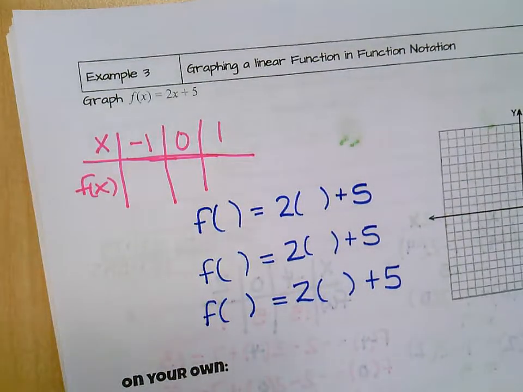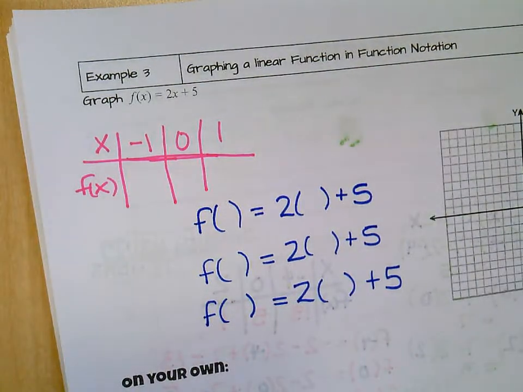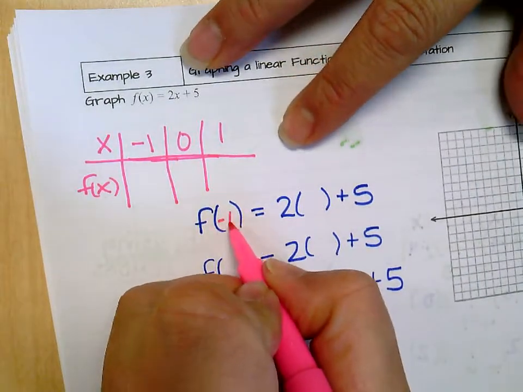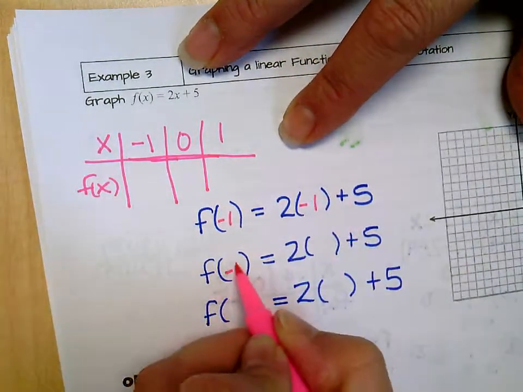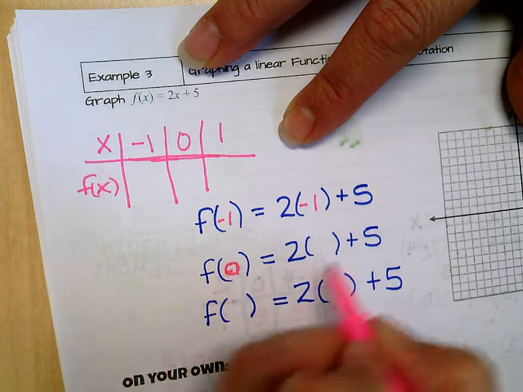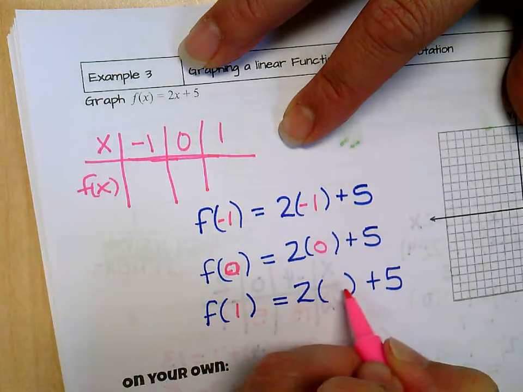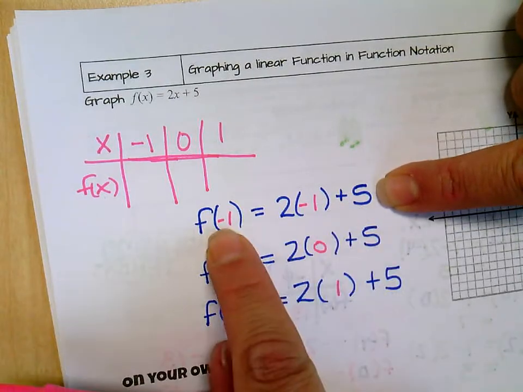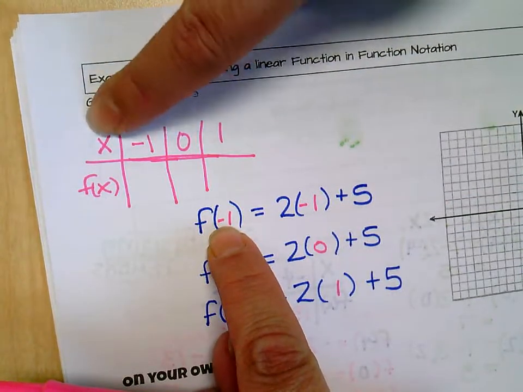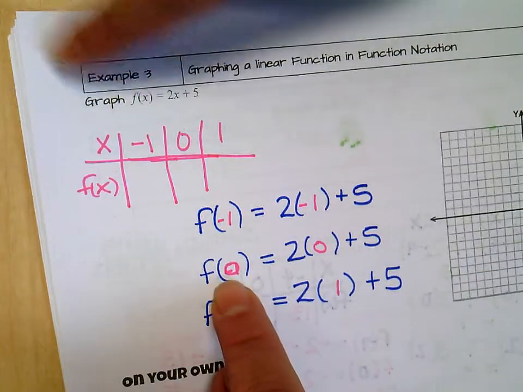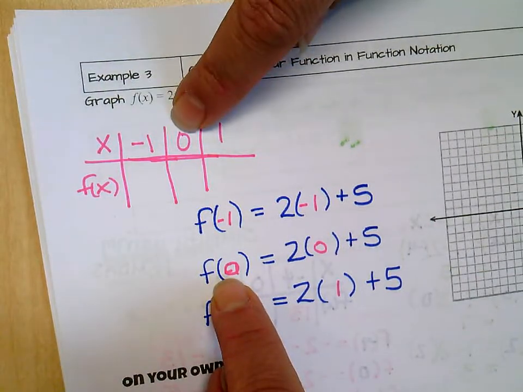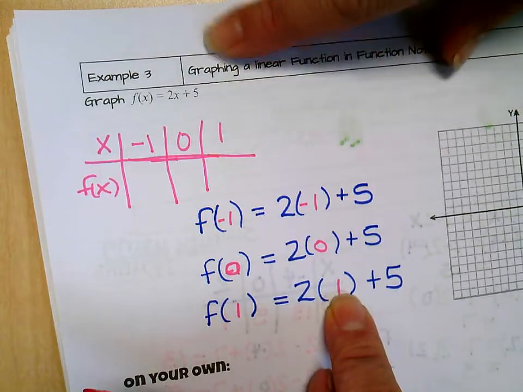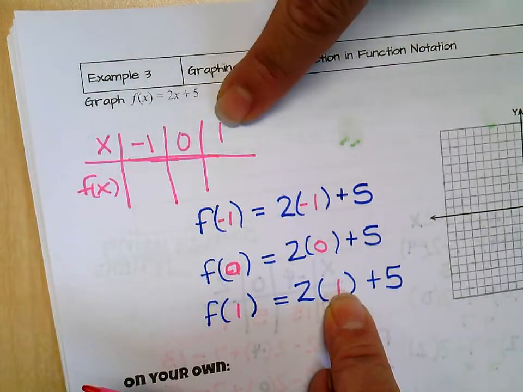So really, I'm just annotating; it's kind of a think aloud, so you can see what's really going on here. So this is all I did. I took my function, and wherever I saw an x, I put a -1. Then I started over, took my function, wherever I saw an x, I put a 0, and then I put a 1. So my domain in this case is -1, 0, 1.